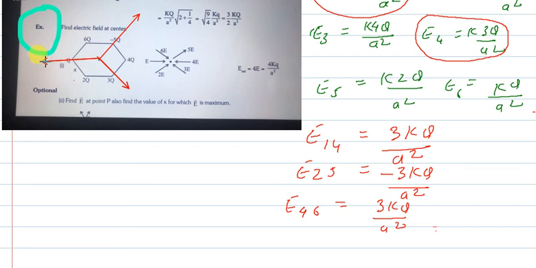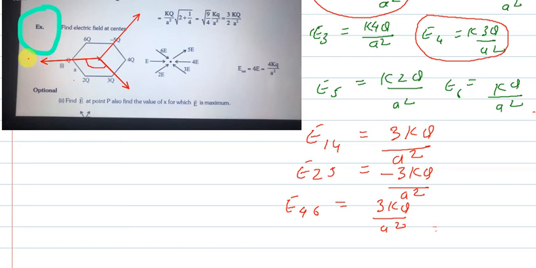These are two vectors. The angle between them is how much? The angle between them is 120. This will be 120, this will be 120.